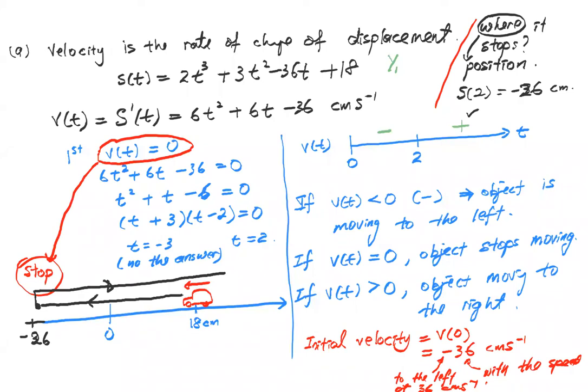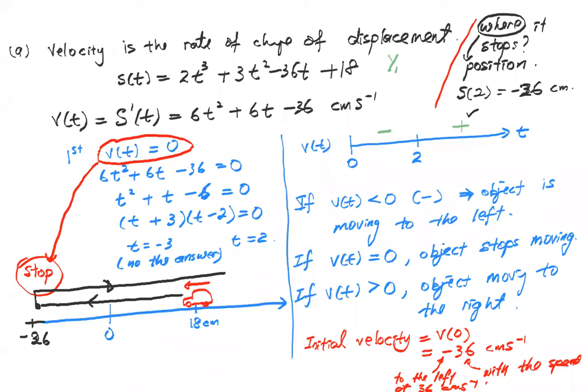Got it? So you get all this right. So why do you need to draw the sign diagram of velocity? Because you want to know the direction of motion of the particle, and you also want to know when the particle stops moving, and when the particle changes its direction of motion. I told you already, stop doesn't mean it will change.